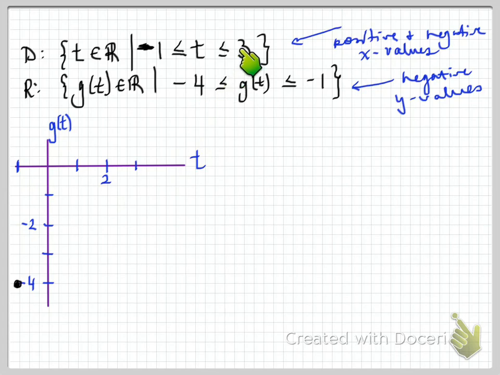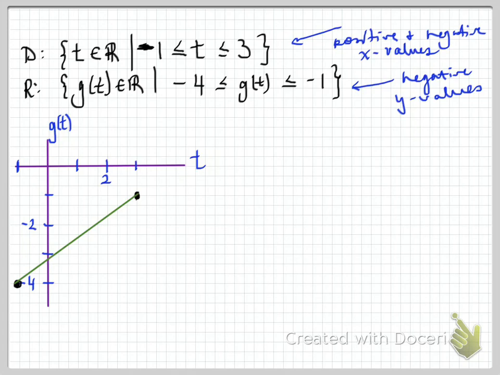Then I go to my highest domain and highest range, and I create that point. So at 3 and -1. So this follows lowest domain, lowest range, highest domain, highest range. What I do is connect it with a line. That creates a linear function that has this domain and range.